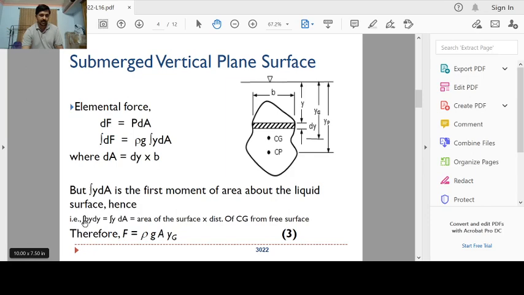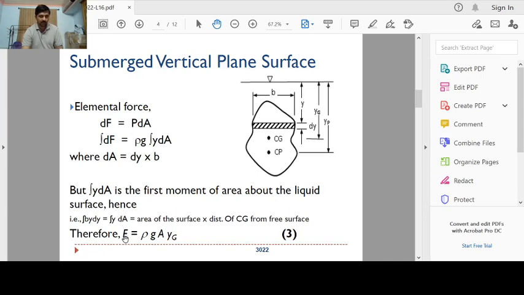Hence, we can replace integral y dA with integral b into y dy, which is equal to the area of the surface multiplied by the distance of the CG from the free surface.